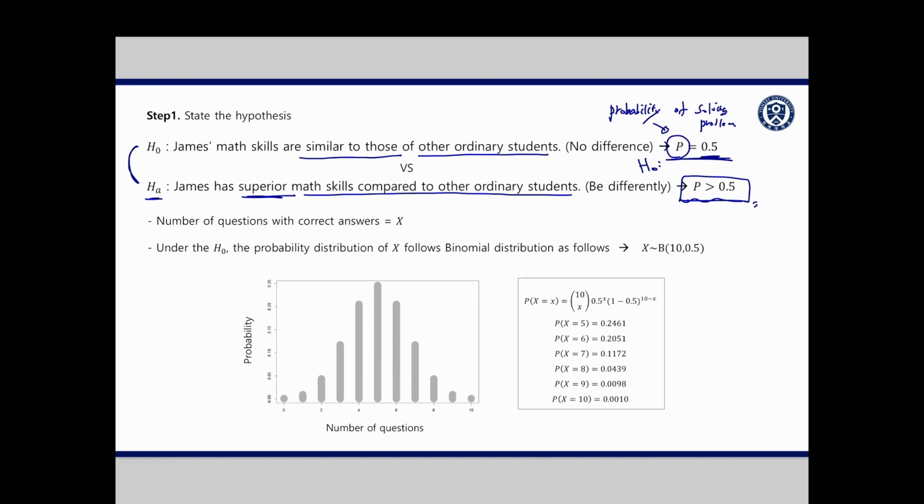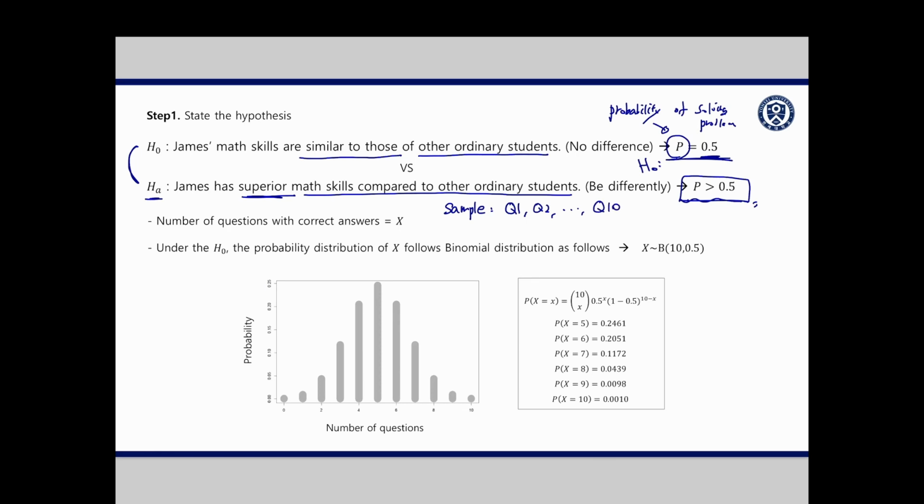James was given a sample of 10 math questions: question 1, question 2, up to question 10.